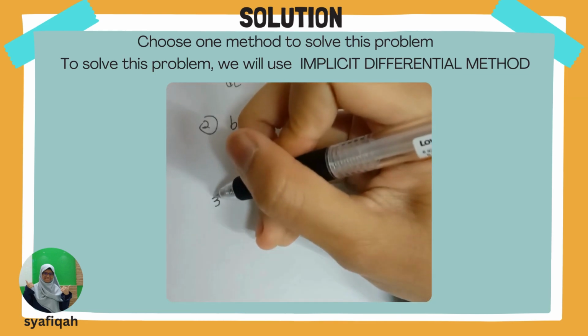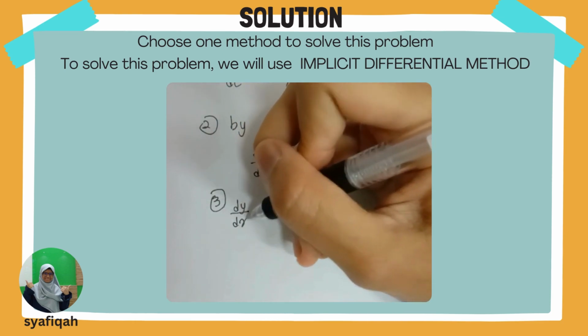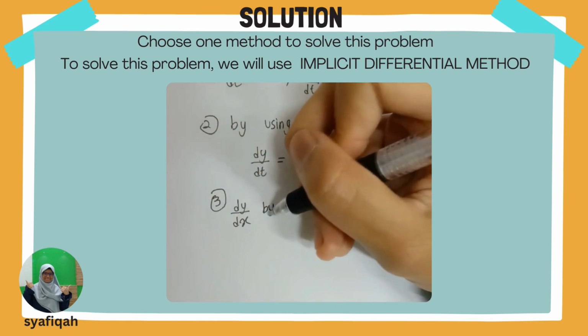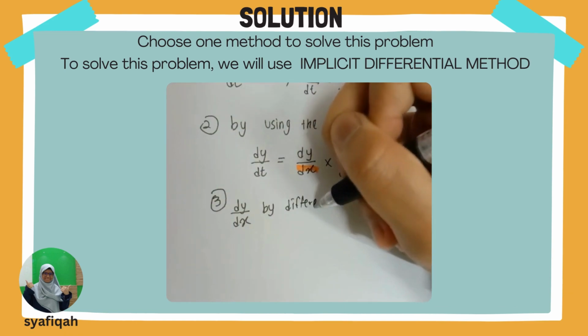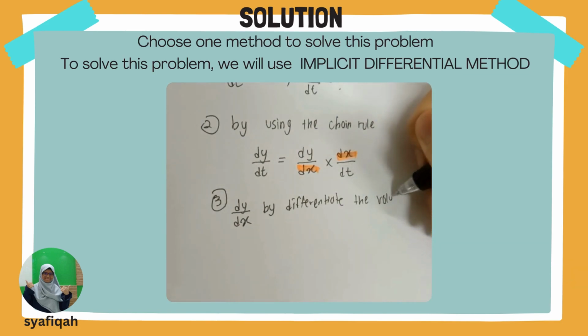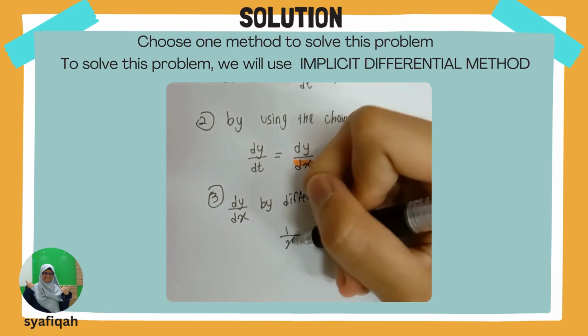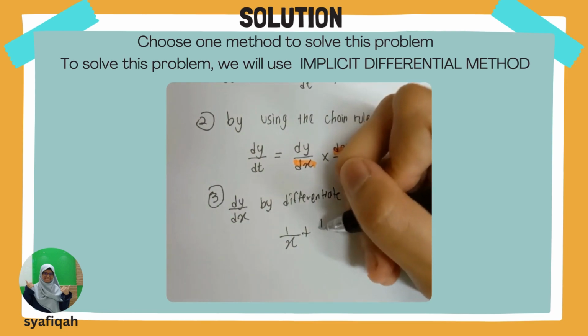Moving on to step 3, because dx over dt is already given, which is 10, we need to find dy over dx by differentiating the equation given by the question, which is 1 over x plus 1 over y equals 1 over 10.